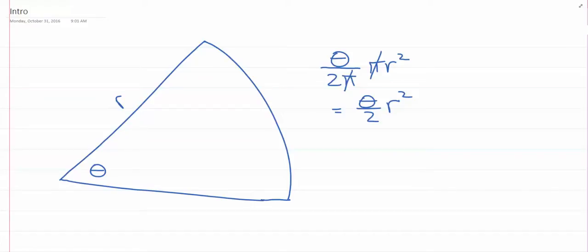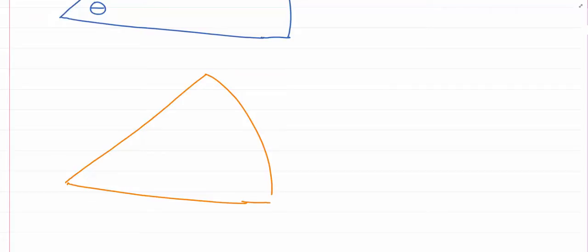Now, we want to build on that a little bit and look at this situation here. Let's suppose that we've got a sector here, but I'm not going to go all the way back to the origin or the pole, where the radius is 0.